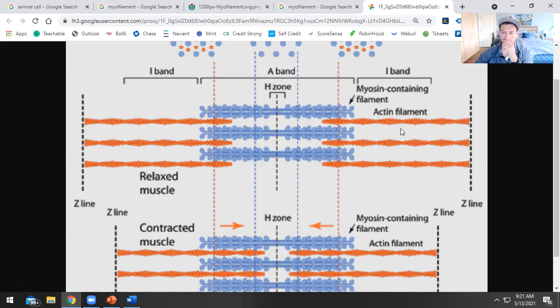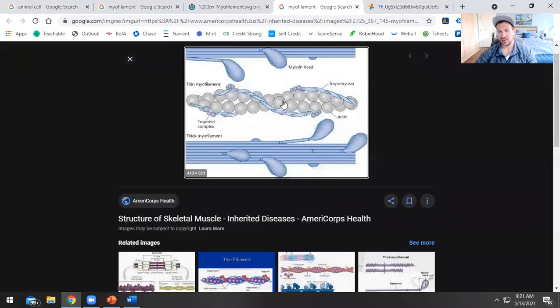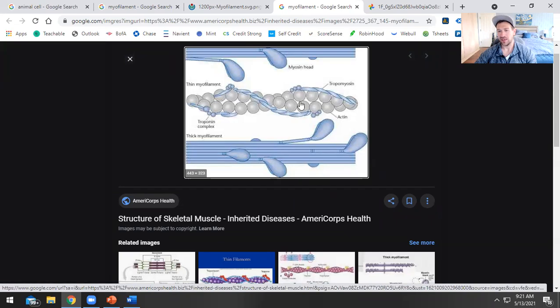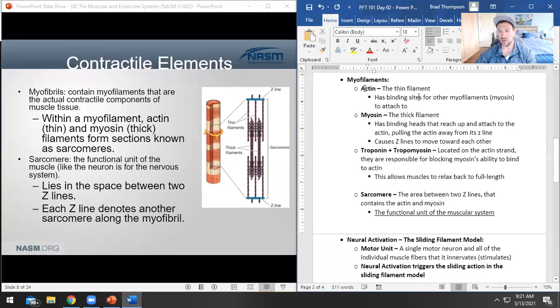And that's the really thin strand. And like I said, it's got all these little binding sites, where these proteins here want to reach up and grab these little balls, right? And so the thin filament, actin, has binding sites on it.